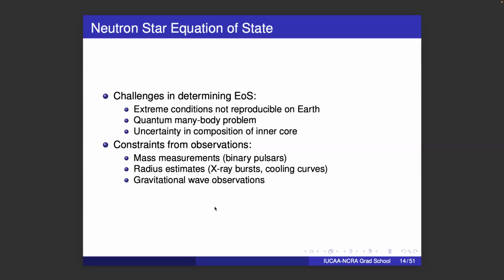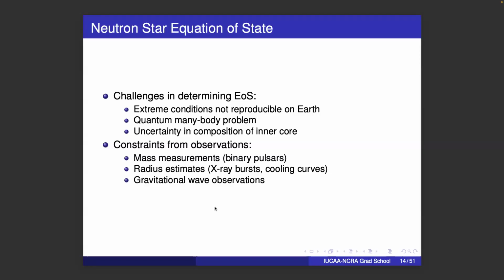Radius estimates can be done by X-ray bursts. Okay? Because remember that accretion disk, etc., all that can form around neutron stars also. And there can be X-ray bursts from these things. And cooling curves. So you can also try to establish what is the pattern for cooling of these stars, and that can help you constrain the radius.